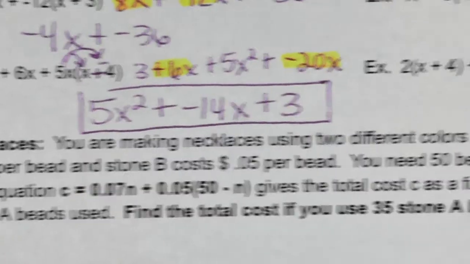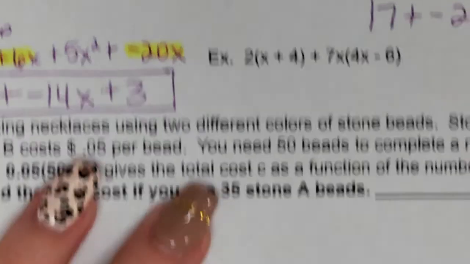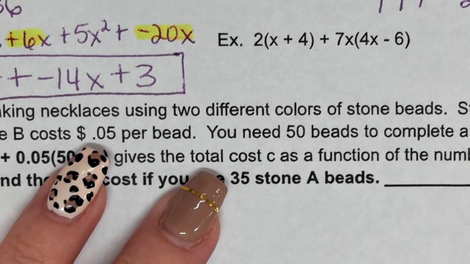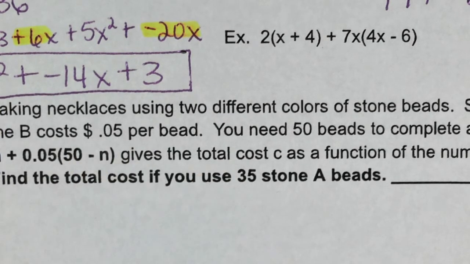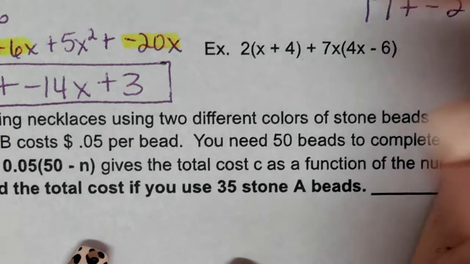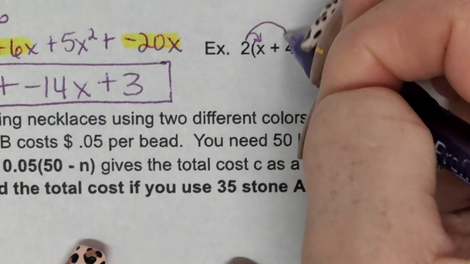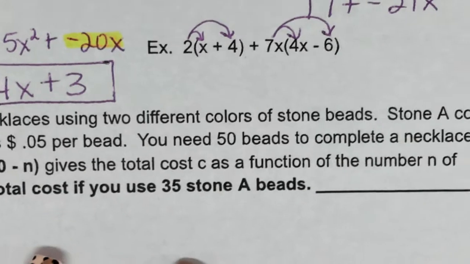Okay, try the next one on your own, and then we're done. Ooh, how many things you got to distribute? 2. I'm going to distribute the 2 to this, and I'm going to distribute the 7x to this. See what you think.